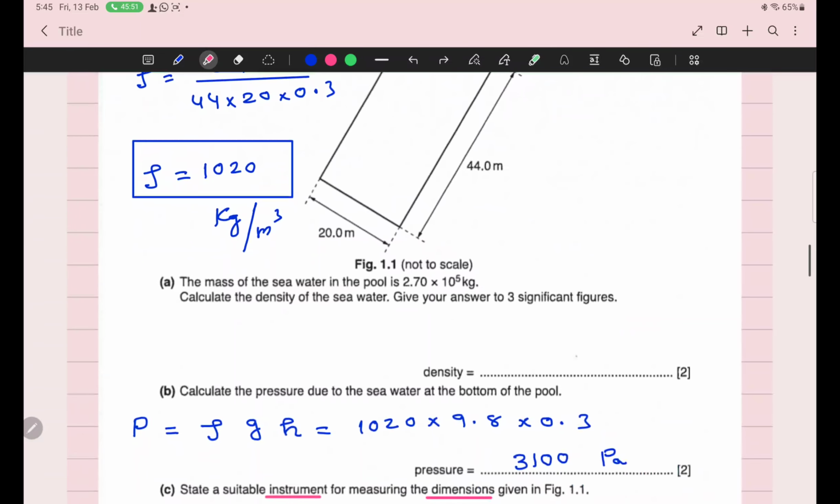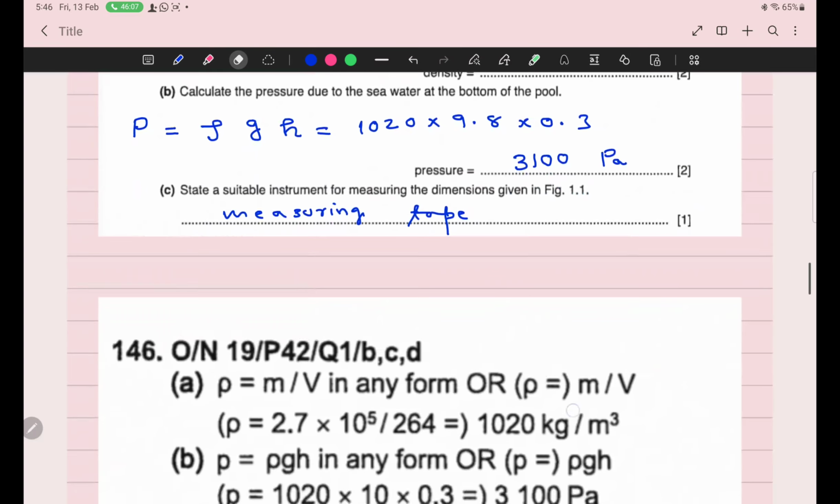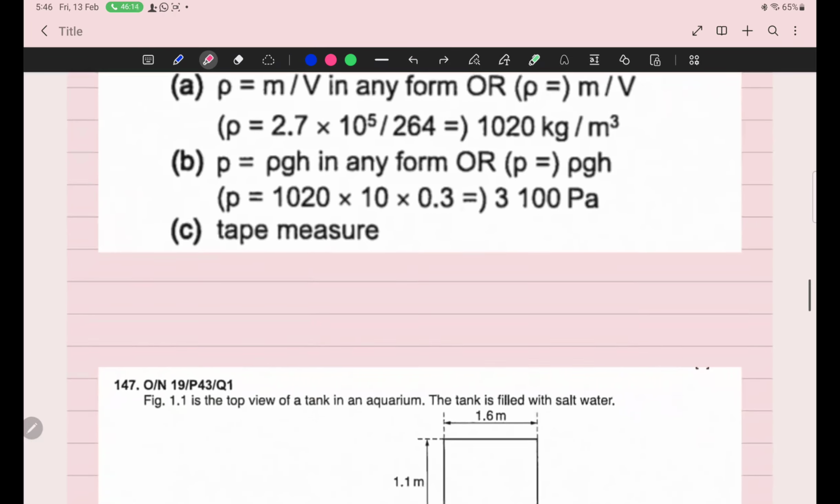And if we have to measure such large length, then we should use measuring tape. We should use measuring tape. So this question is also completed.